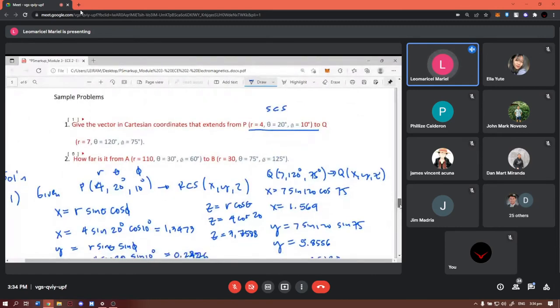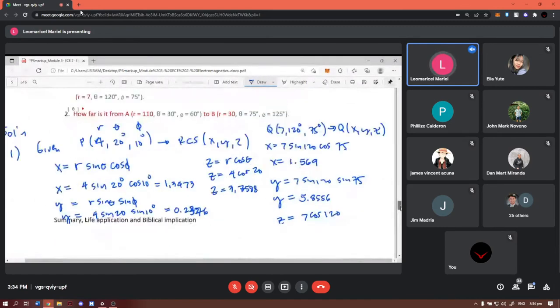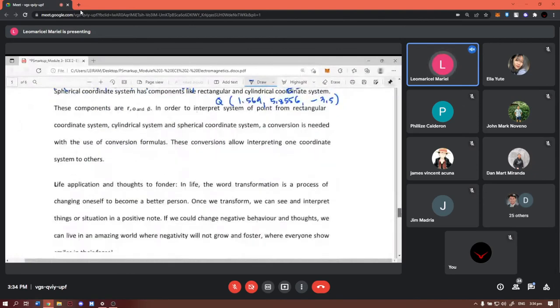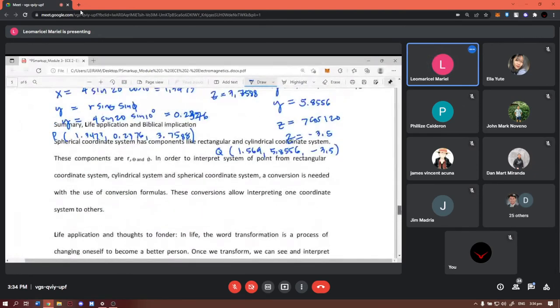Na ngayon, ang tinatanong, what is the vector in Cartesian that extends from P to Q? So, ibig sabihin, vector PQ. Kukunin mo ngayon ang vector PQ. Therefore, that is vector Q minus vector P. So that will be 1.569 minus 1.3473, unit vector natin AX, pagka rectangular.